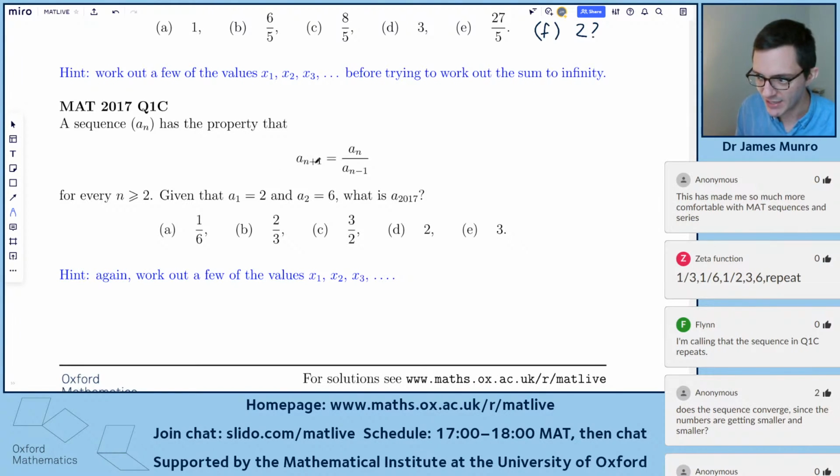It's got this quite complicated property. I like to think of these in words. This says that for every n bigger than or equal to 2, who knows, but this says that each term, maybe not the first one, because this is not going to make sense for the first one, or maybe the first two. Each term is previous term divided by 1 before.